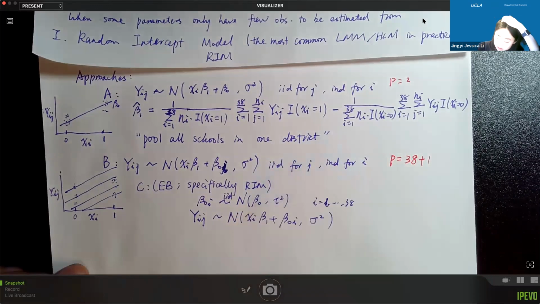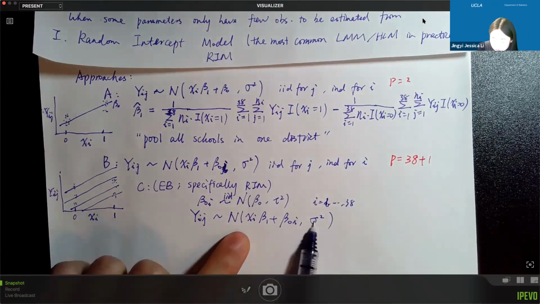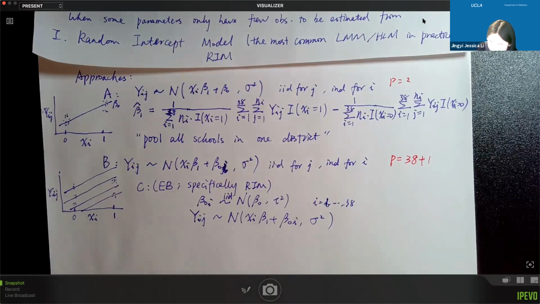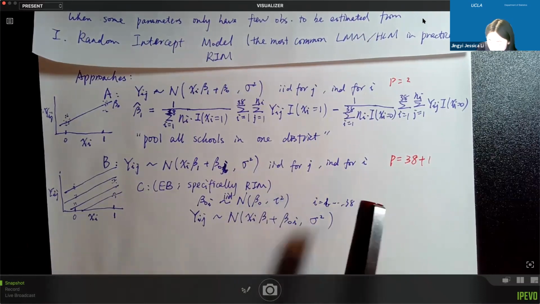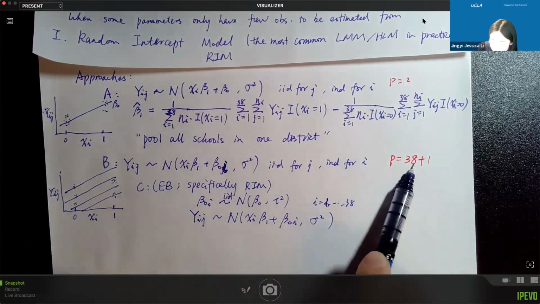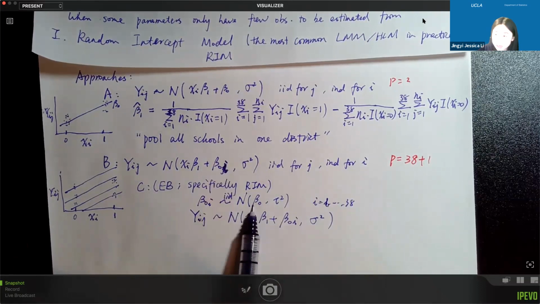So with this, you see the number of parameters is effectively reduced. Okay, we ignore sigma square always. The number of effective parameters is just beta 1, beta 0, and tau square. So you reduced the number of parameters from 38 for beta 01 to beta 038 down to 2 in this prior.